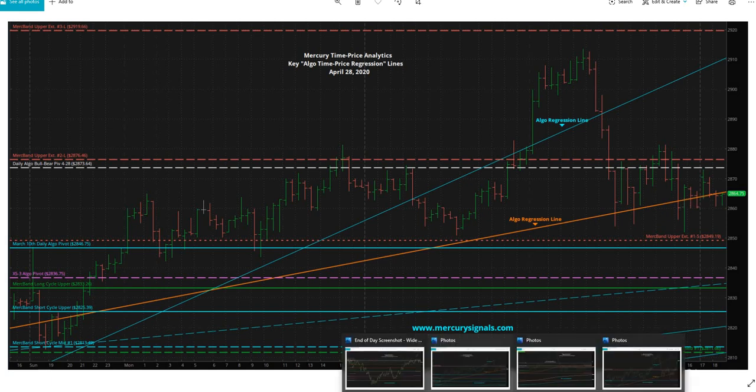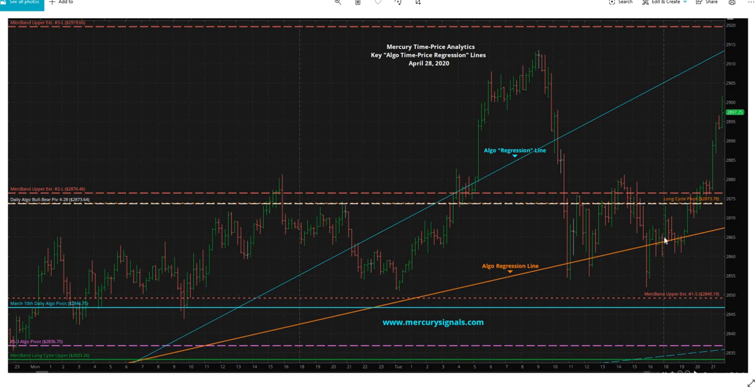And then what happens when price recaptures the regression line? You get this. Our key long cycle pivot that only comes out a couple times a day, right at this time, was 64 and change. And when ES recaptured it, boom, right back up above.